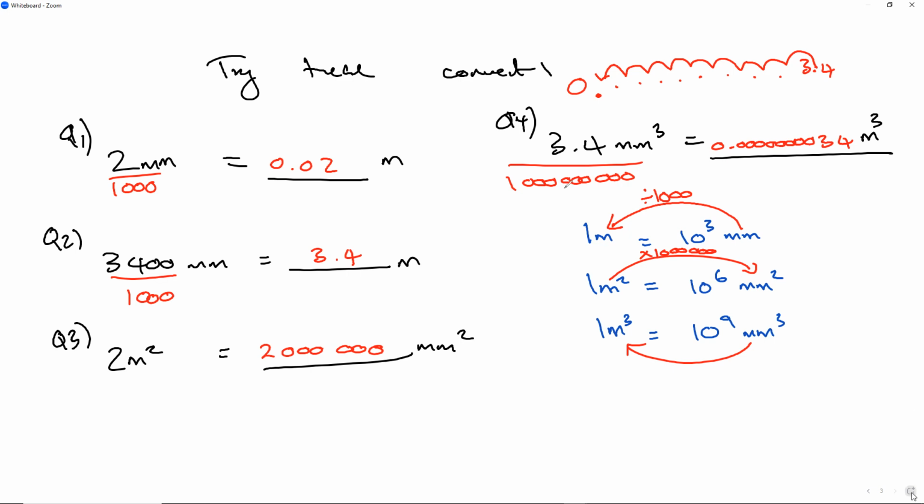Keeping that conversion in mind, let's try another round of this. So I've got meters and millimeters, then meters squared, millimeters squared, meters cubed, millimeters cubed. Let's go 0.5, 0.7, and 3,000.